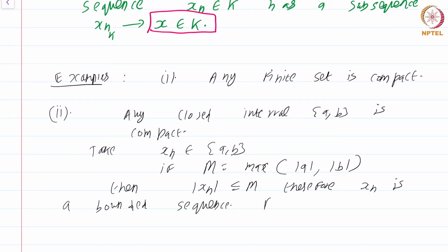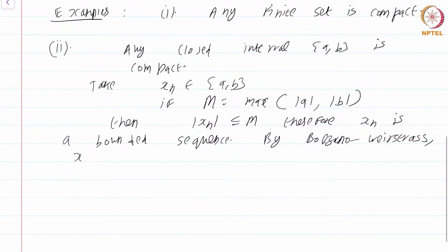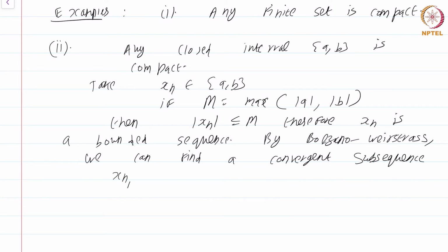Now, by Bolzano-Weierstrass, we can find a convergent subsequence xnk that converges to x, but this x is just going to be an element of R. We don't really know that it's already there in the closed set [a, b].